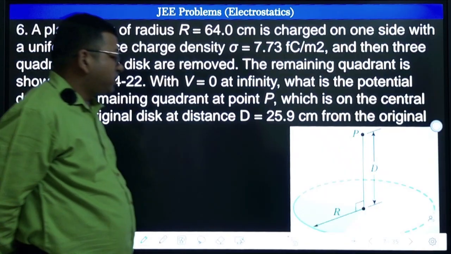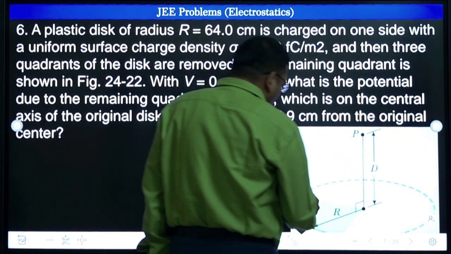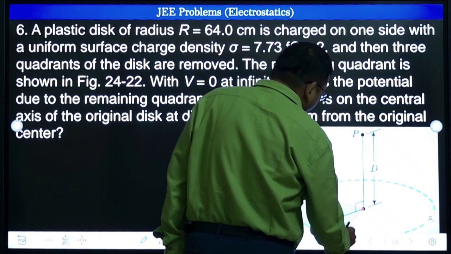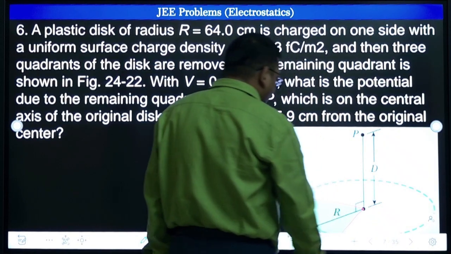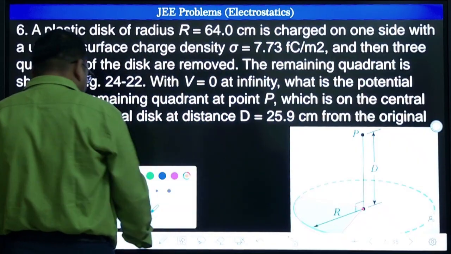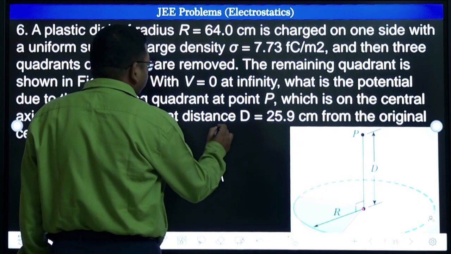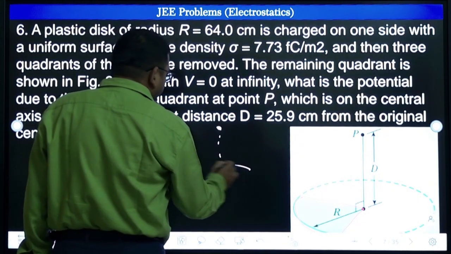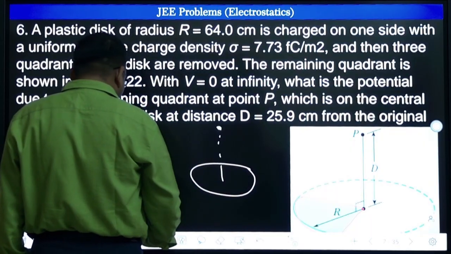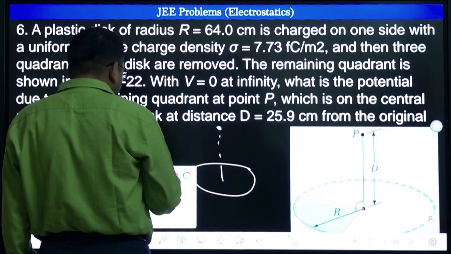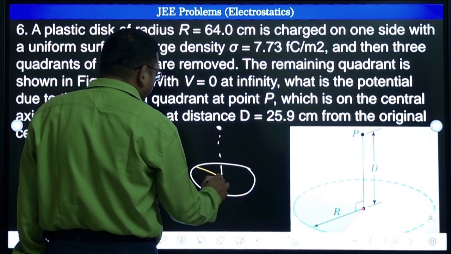How do we calculate it? In this question you have removed 3/4, so only 1/4 remains as the quadrant. Let me redraw this diagram. On this axis of the disk we have to calculate. We had a full disk, but we have removed some portion and now only 1/4 remains.